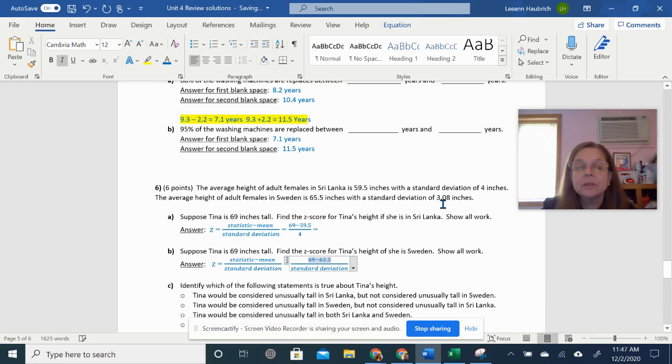Standard deviation is 3.08. They have a smaller standard deviation. And now I have everything. I just need to go to the Desmos calculator.